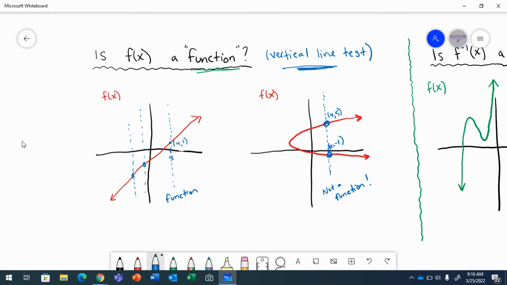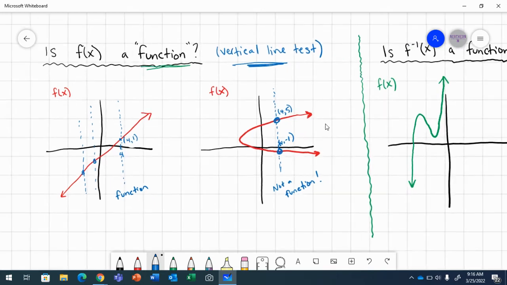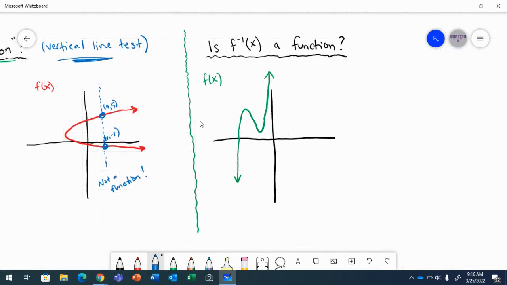All right, so the idea of being a function is if I plug a single x value in, I only ever get a single y value out. And so we use our vertical line test for graphs. Now, in this inverse section that we're in, you're going to be asked sometimes to take an original f, either relation or function.